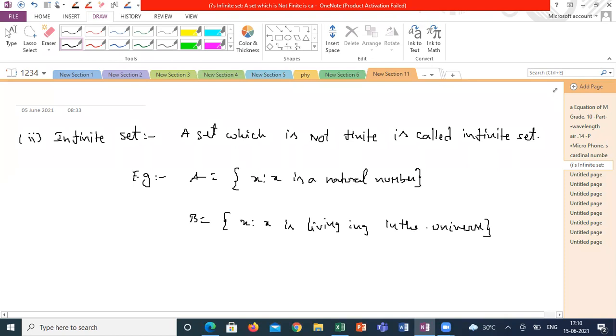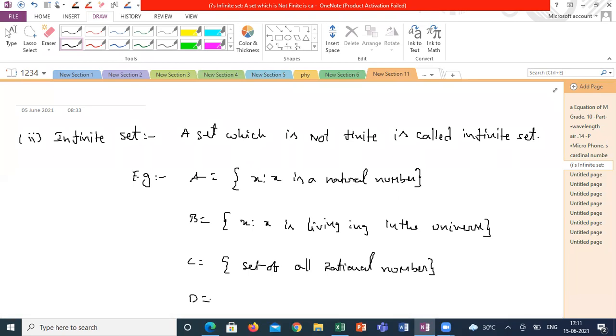The set of even natural numbers. The set of all rational numbers. The set of integers, multiples of 3, multiples of 6, multiples of 10, everything will come under infinite set. Are you clear?